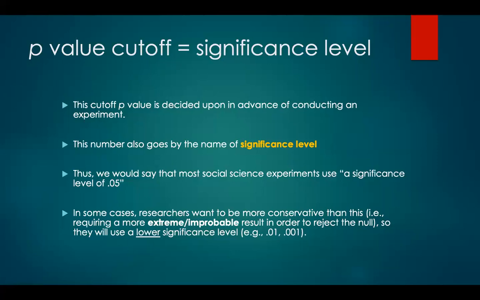In some cases, researchers want to be more conservative than this, requiring a more extreme or improbable result in order to reject the null hypothesis. So they will use a lower significance level, for example, 0.01 or 0.001. So that's a 1% probability or a 1 in 1,000 probability.